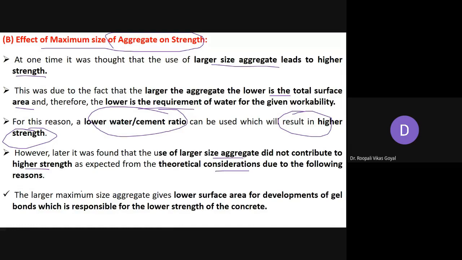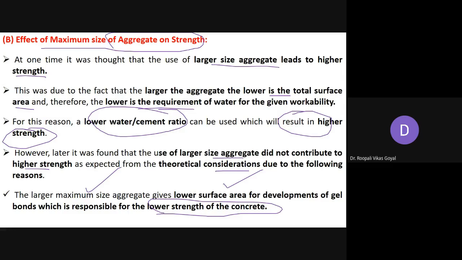The reason is that a larger maximum size of aggregate gives lower surface area for development of gel. If the surface area is less, the development of gel bond will also be less, and that would be responsible for lower strength of the concrete, because low surface area means the development of gel bond will be less.